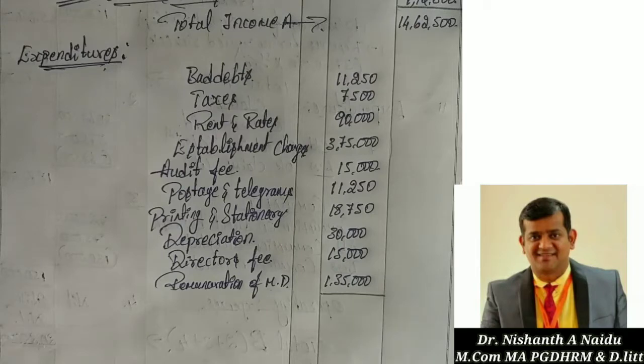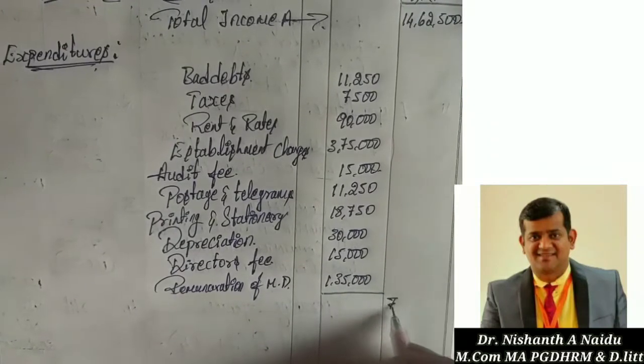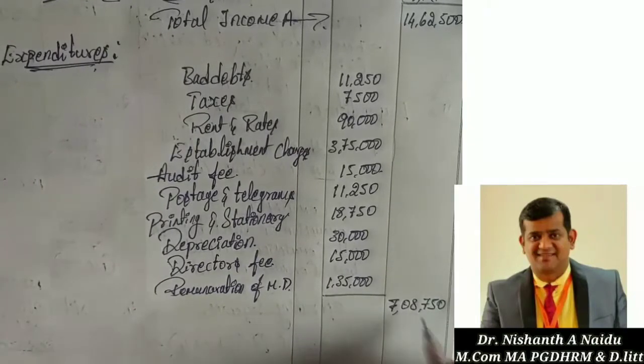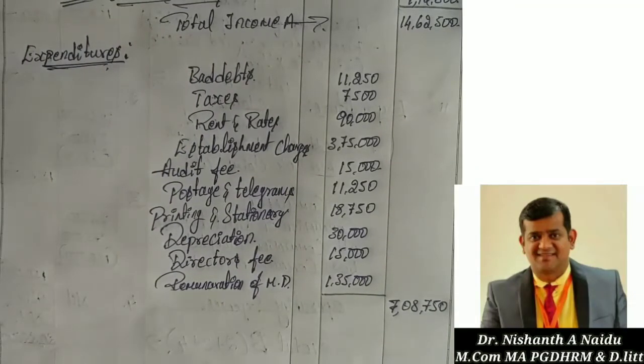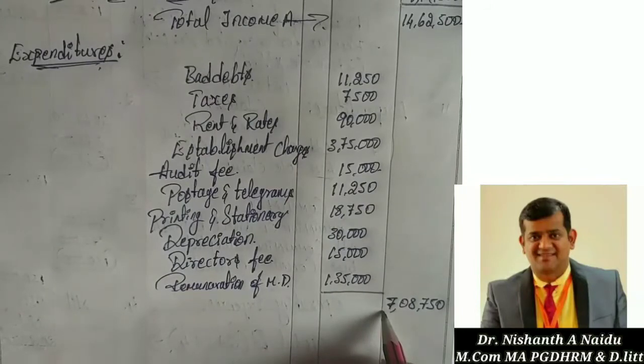So that comes to 7,08,750 rupees, the total of this. Okay, 7,08,750. We can say this is total B.